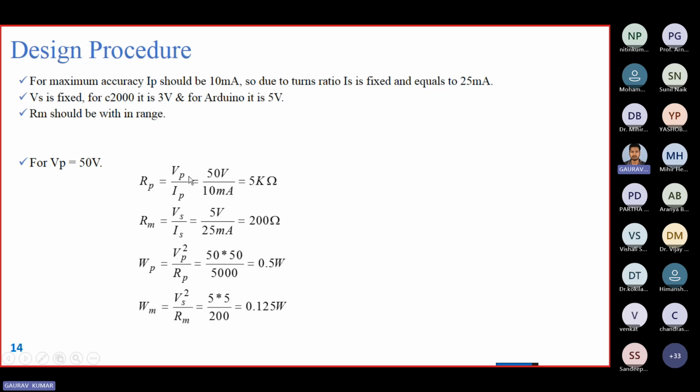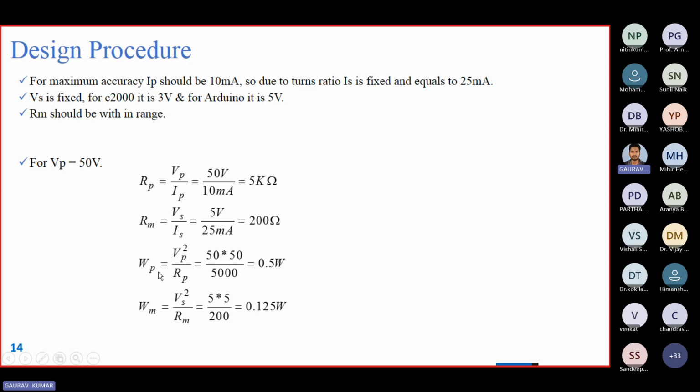So the Rp we need is 5 kilo ohm. And Rm is Vs by Is. Vs is also fixed. Let's suppose we are designing for the Arduino, so it is 5 volt; if we design for the C2000, it is 3 volt. Is is fixed at 25 milliampere due to the turns ratio. So Rm is 200 ohm. So if you want to sense a 50 volt voltage, you have to fix Rp at 5 kilo ohm and Rm at 200 ohm.